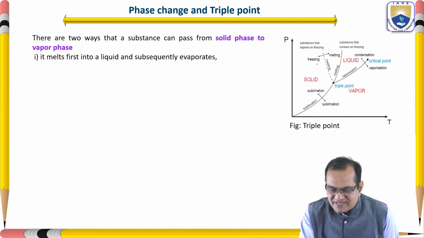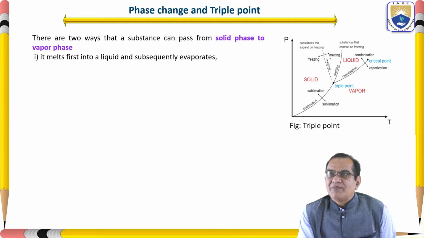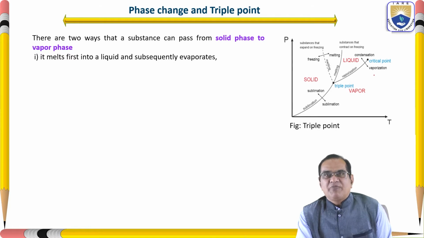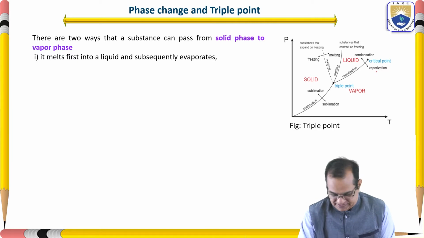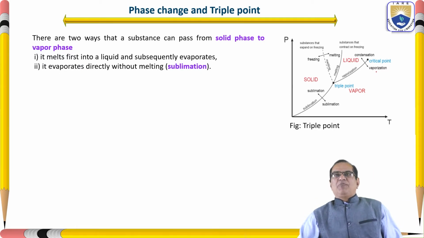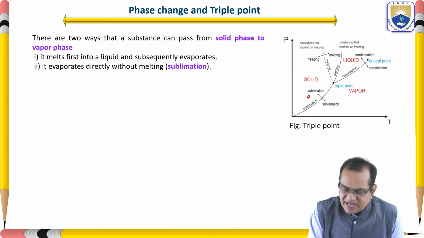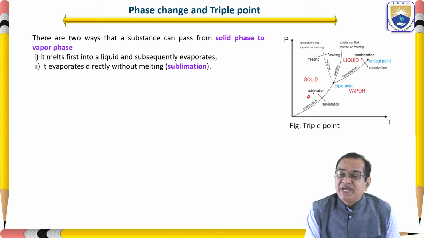Here you can see, from freezing to melting it will become liquid, and from liquid it will become vapor by evaporation. Two: it evaporates directly without melting, like camphor, karpur.